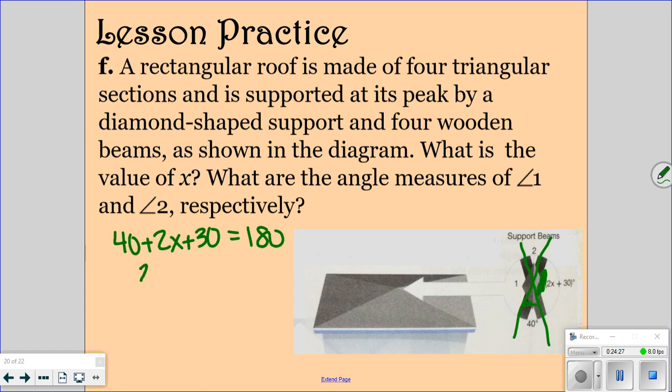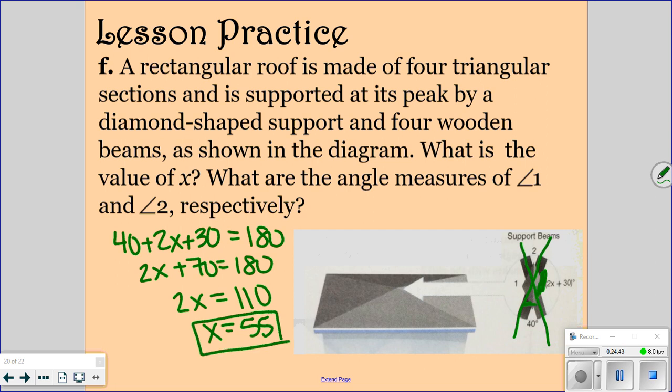So then combine your like terms over on the left side. 2x plus 70 would equal 180. And then subtract 70, you would have 2x equals 110. And then if you divide it by 2, x would equal 55. So that's your x value. Then it asks for the measure of angle 1. So angle 1 is going to equal whatever this is over here.